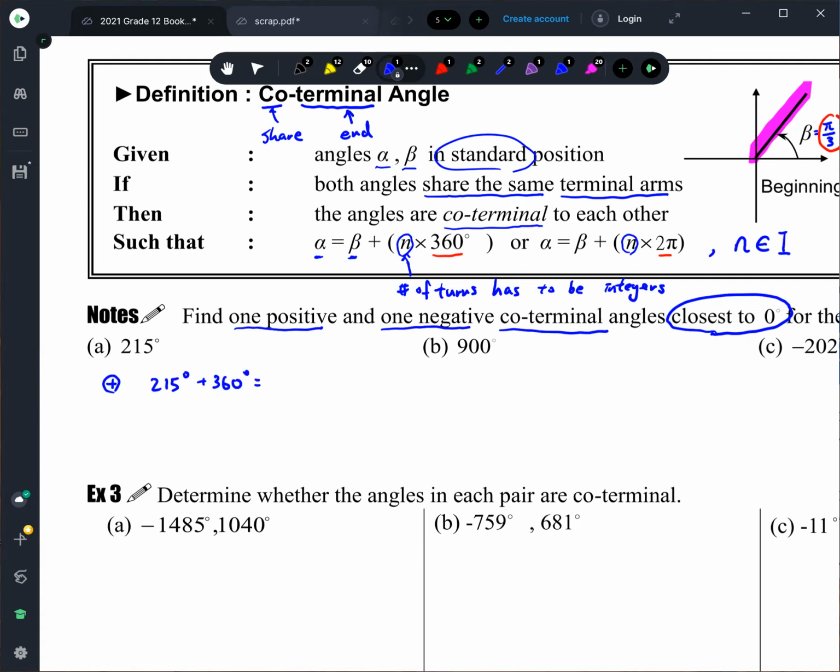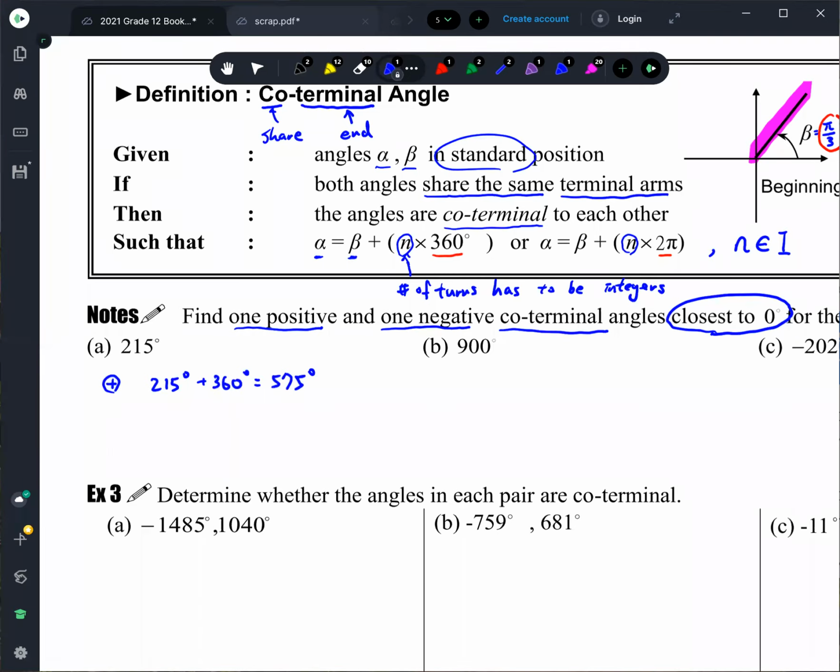How big would that become, Philip? 575. Yep, so 575 will be the closest positive coterminal to 215.